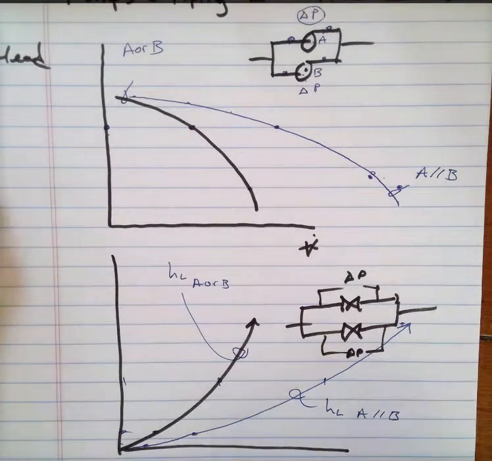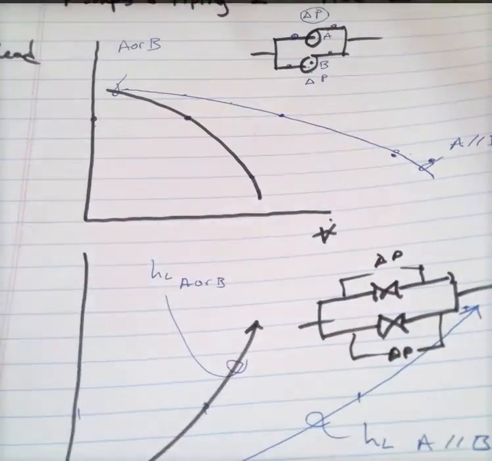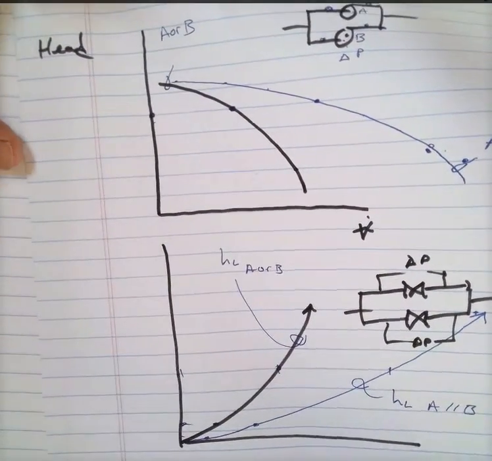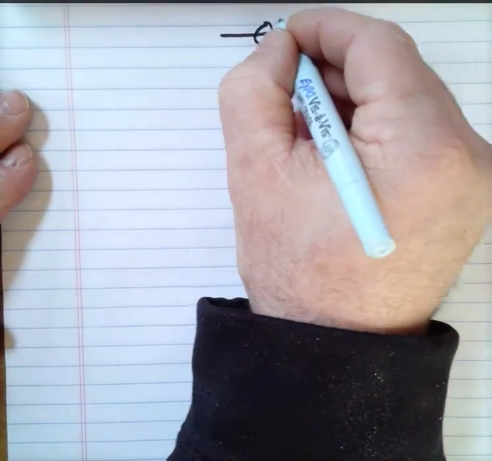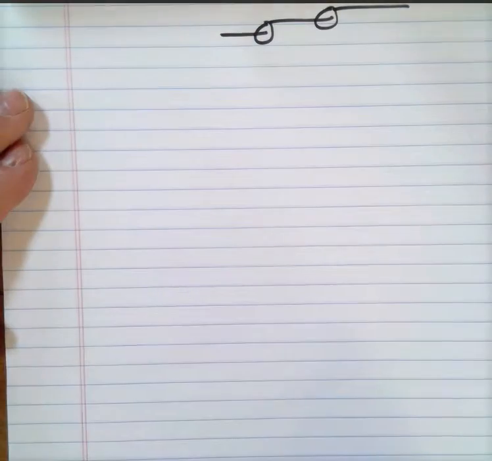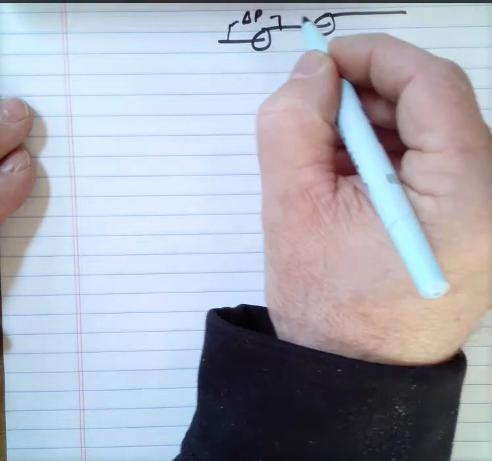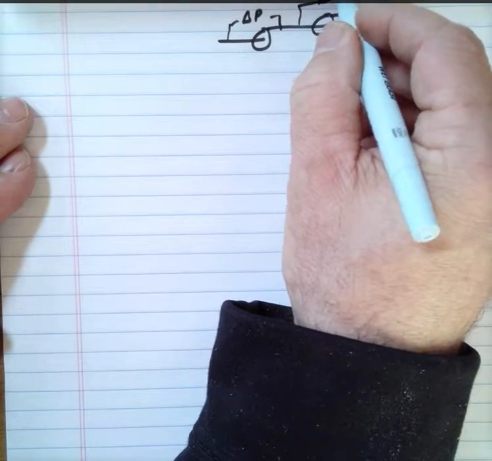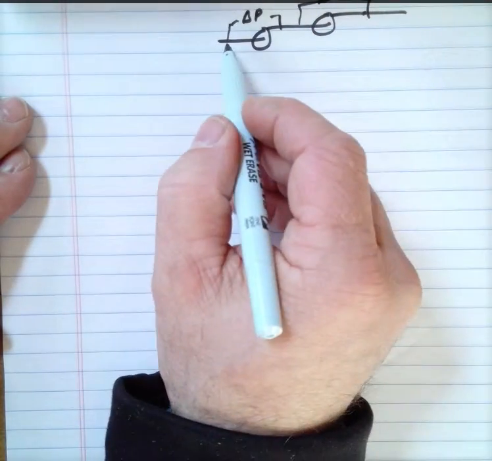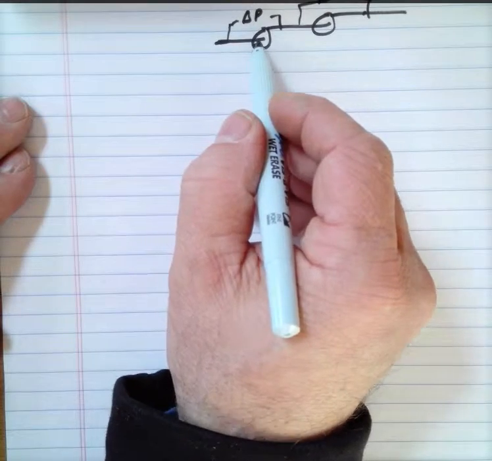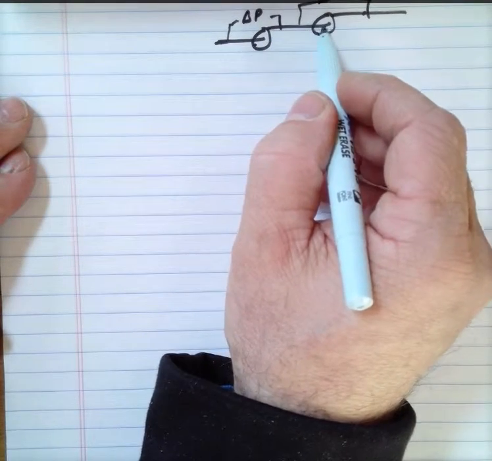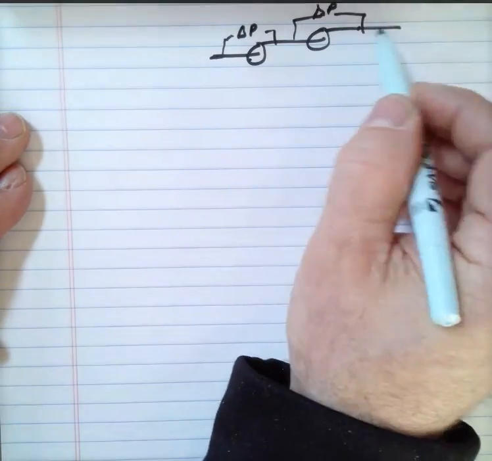We can do this again with adding pump curves or head loss curves in series. So if I take a pump and I put it in series, whatever increase in pressure I get here, I get another increase in pressure there, and whatever flow rate came through the first pump, that's the same flow rate that is going through the next pump.